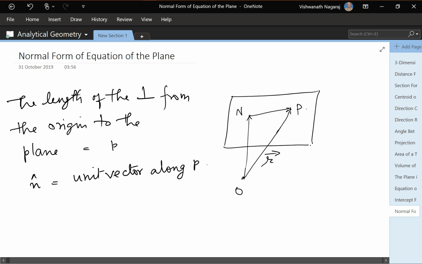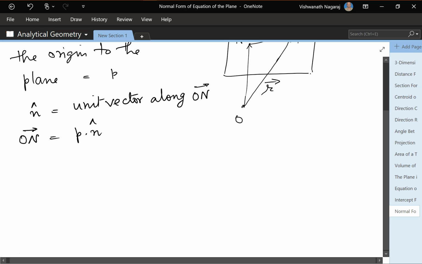Then ON can be written as the distance, that is the magnitude, times the unit vector, so P n cap. Remember, this is nothing but magnitude times the unit direction vector.